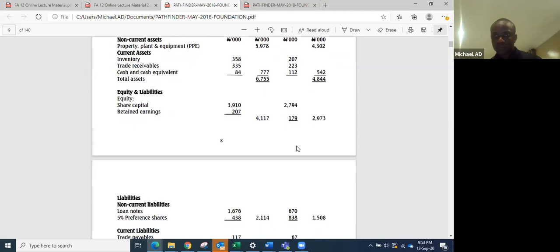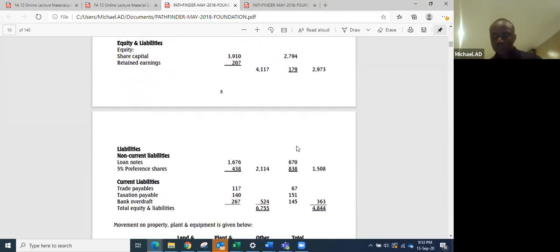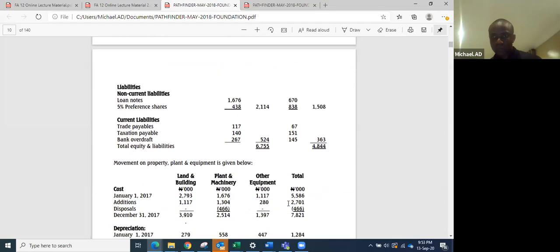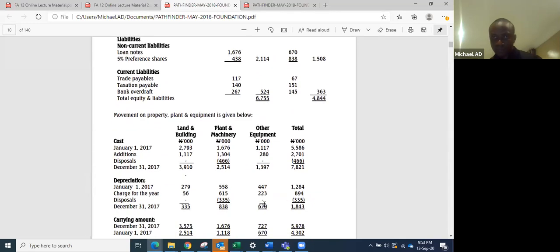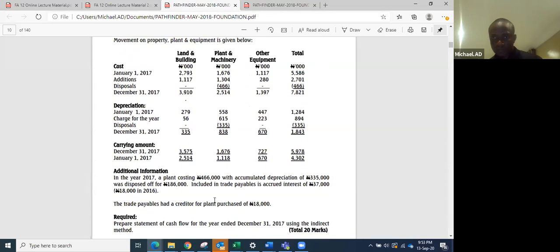Okay, the trade payable had a creditor purchase of 18,000 naira.